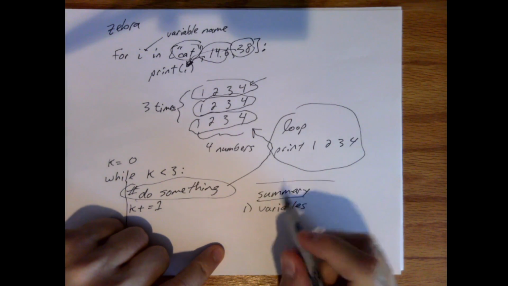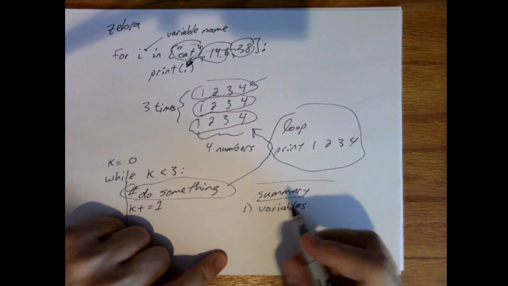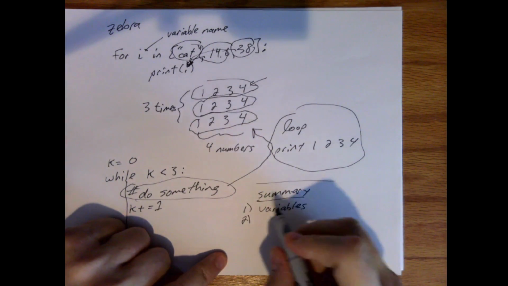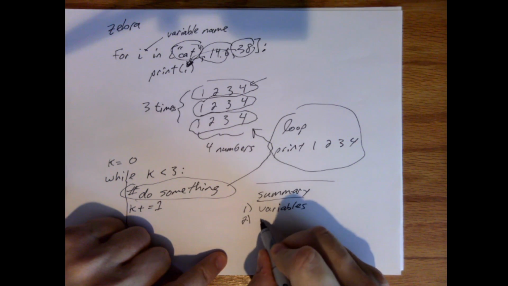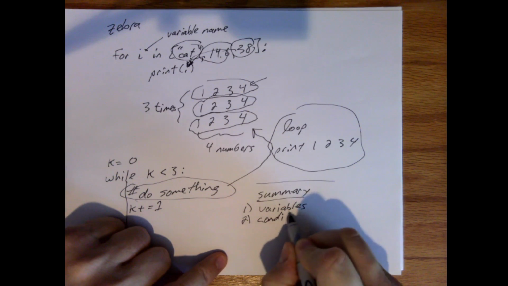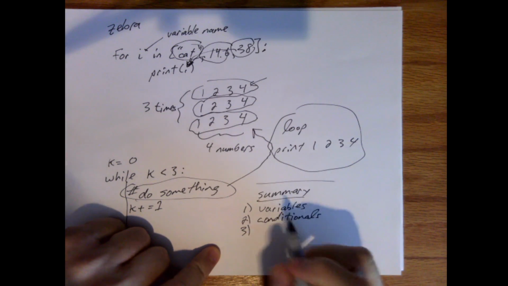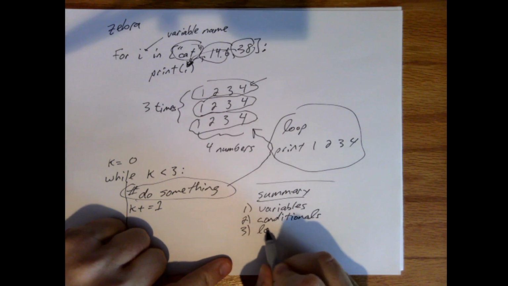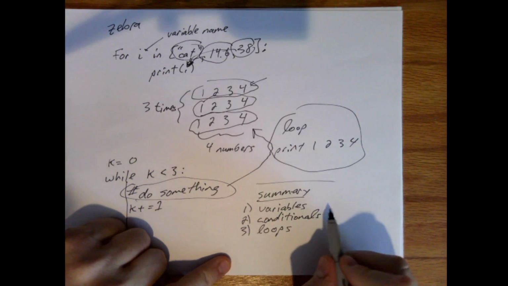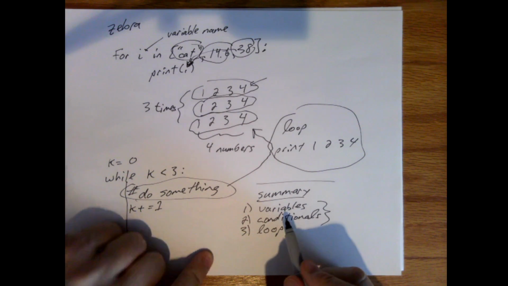Any program of any significance is going to have to store information, and for that we use variables. I can't imagine writing a program of any significance that doesn't also ask questions. So we have conditionals. And then finally, any program of any real significance will have to repeat processes. So we have loops. These three things will show up in the vast majority of programs that you write.